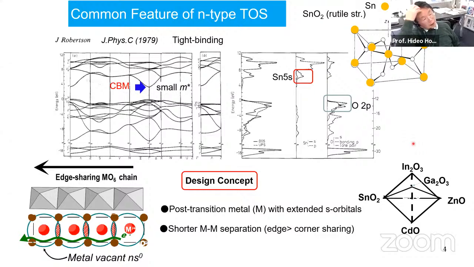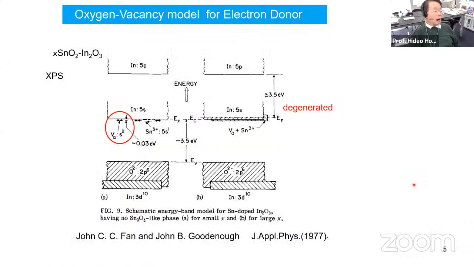The second progress in this area is the origin of the electron donor. This is also a traditional, very old work by Fan and Goodenough. They proposed that the origin of the electron donor is a shallow donor originating from oxygen vacancies.